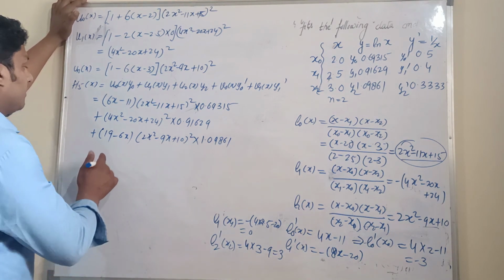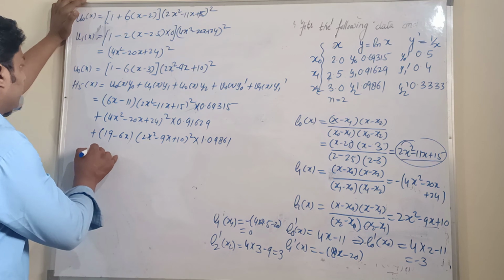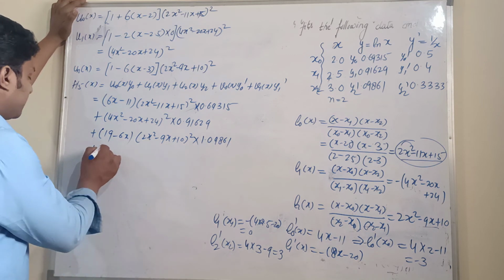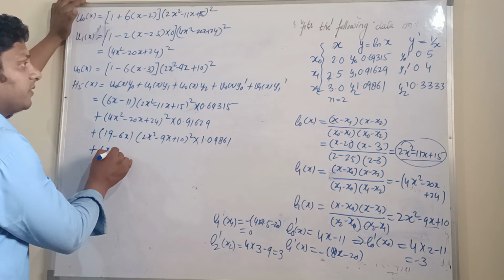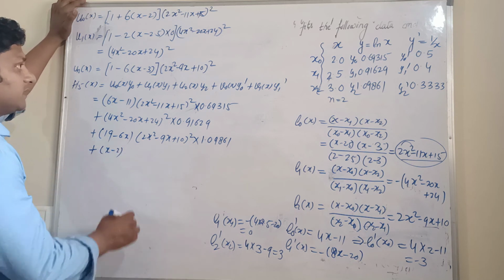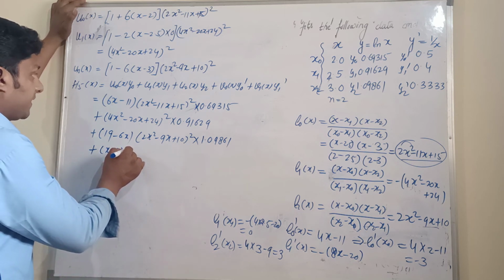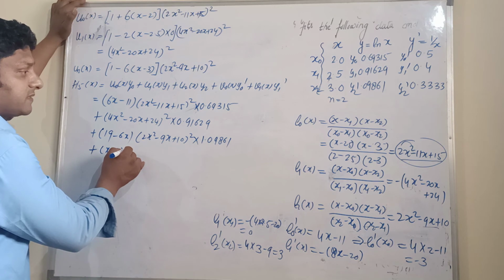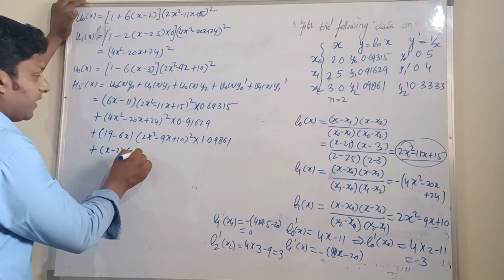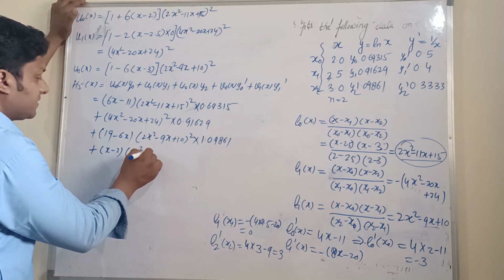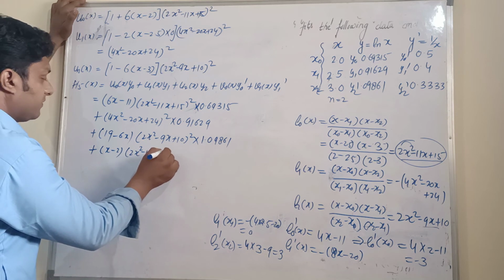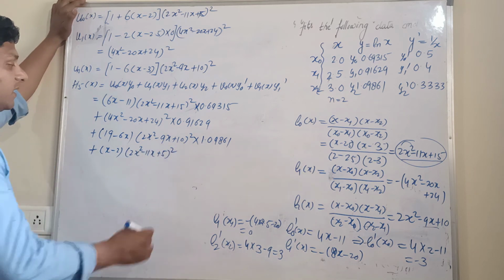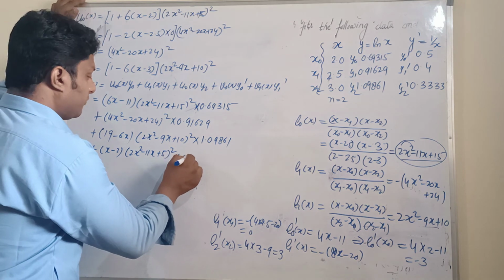Now what about v0(x)? v0(x) will be (x − x0), which is 2, times L0(x) squared, which is (2x² − 11x + 5) squared, multiplied by 0.5.